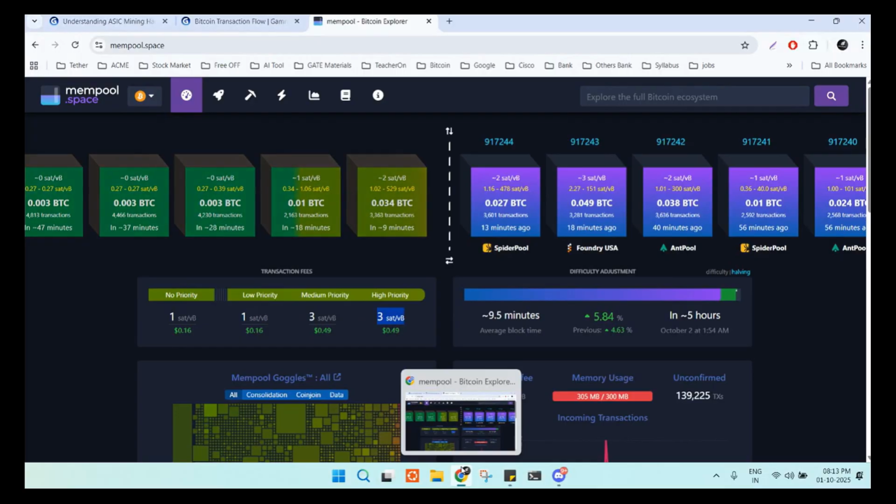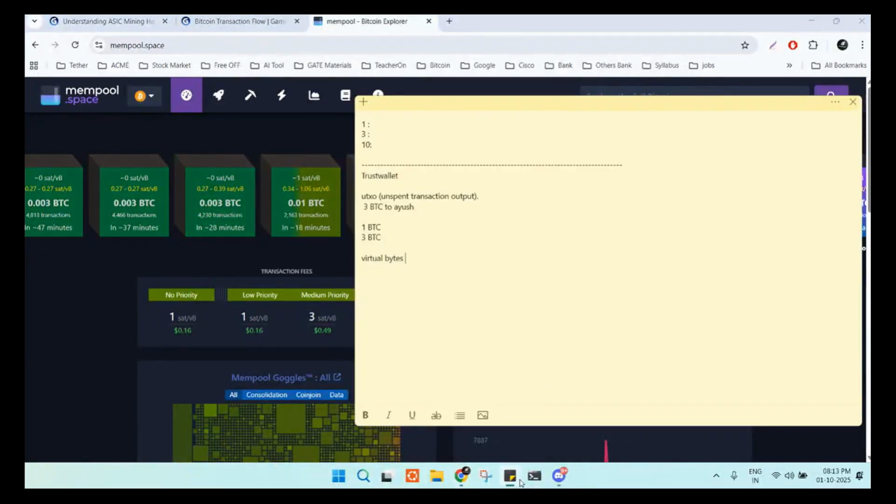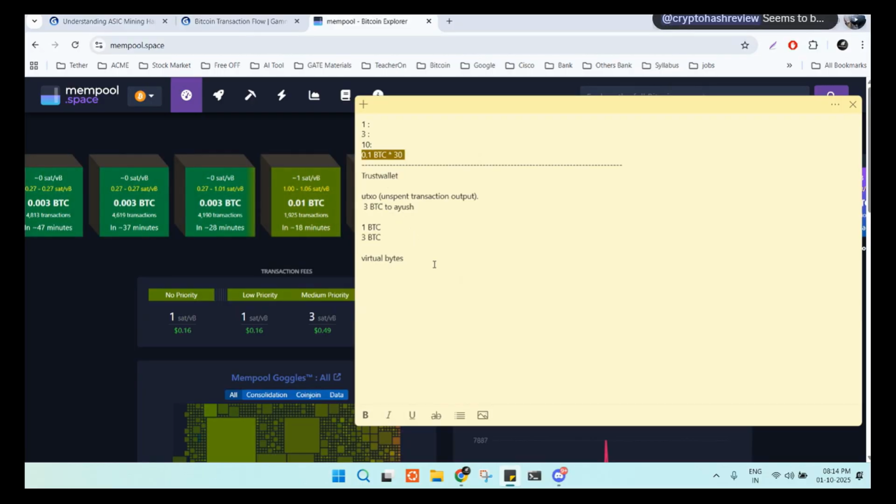Virtual bytes increase with the number of UTXOs we include. If we include two, the virtual bytes would be less, so the transaction fees will also be less. In case we have 0.1 BTC multiplied by 10 UTXOs or 30 UTXOs, we need to pay way more transaction fees in this scenario.